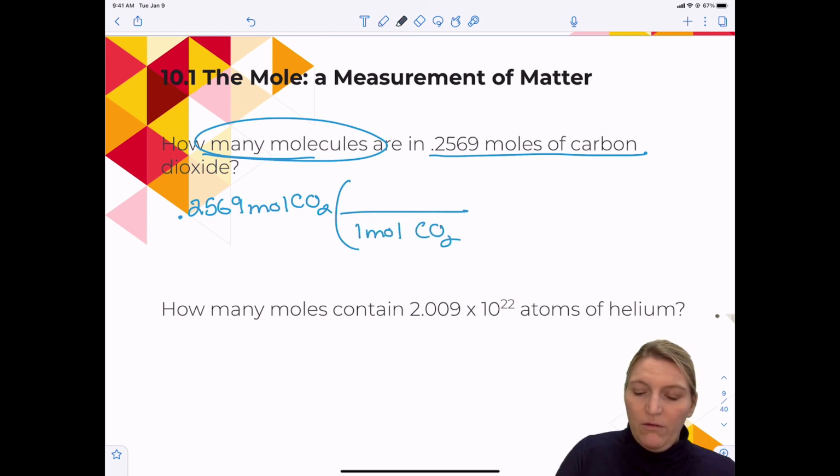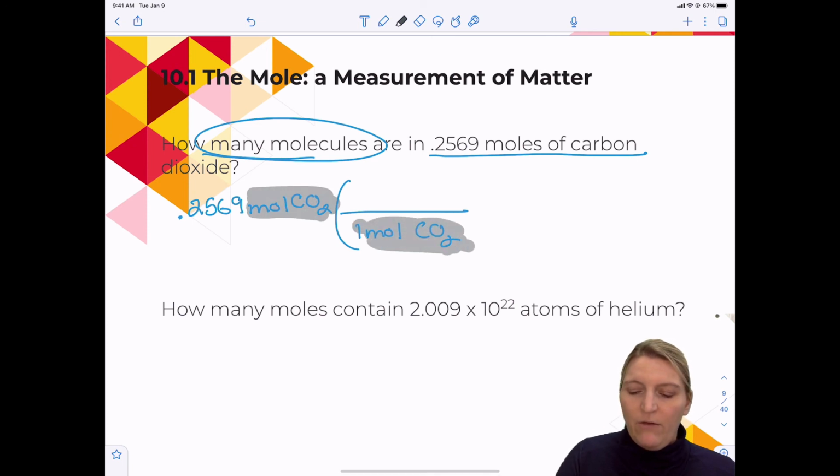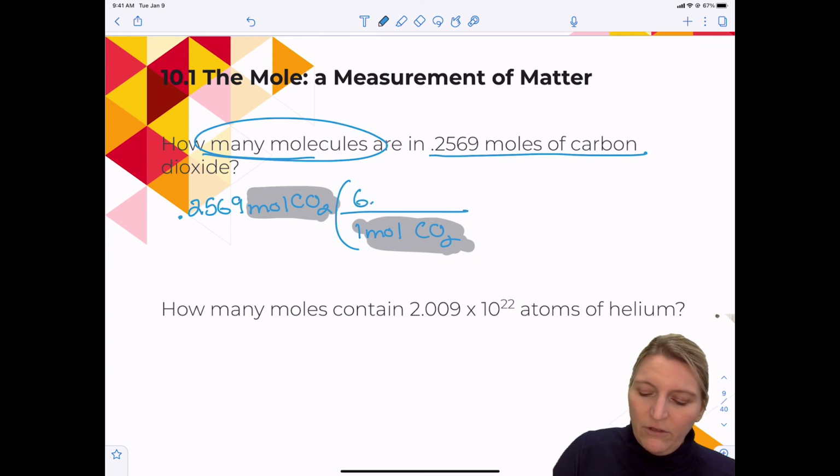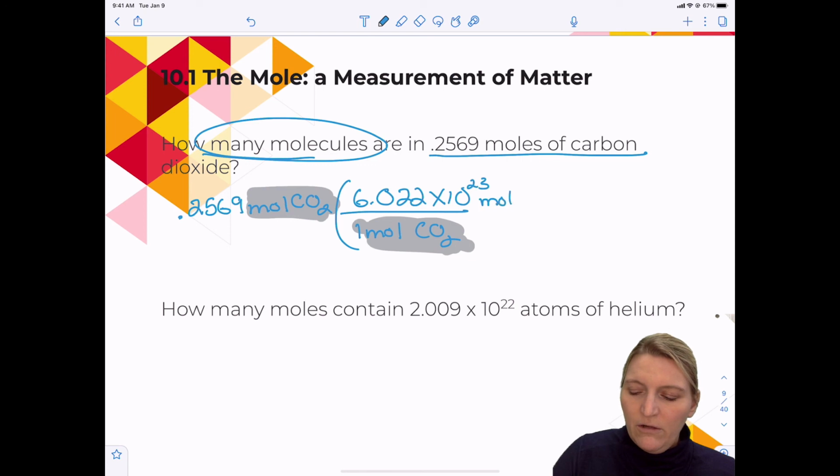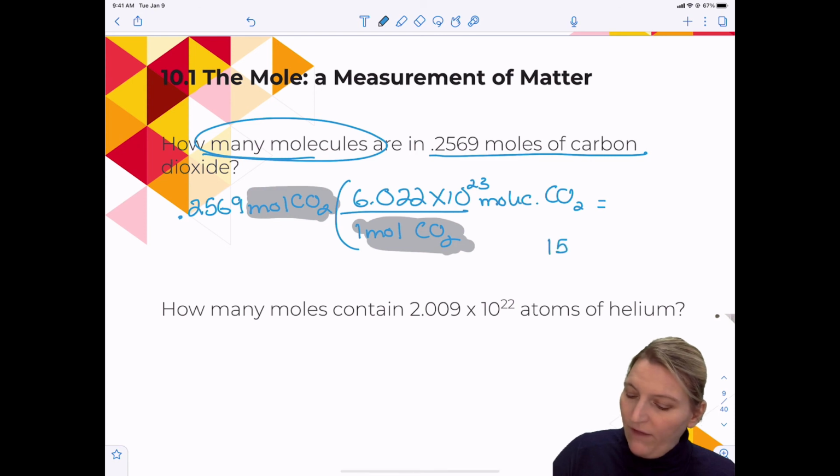The most important rule to follow is whatever unit is out front needs to match the unit on the bottom. And whatever I'm converting to goes on the top, 6.022 times 10 to the 23rd molecules of CO2. I plug this into my calculator and I get 1.547 times 10 to the positive 23 molecules of CO2.